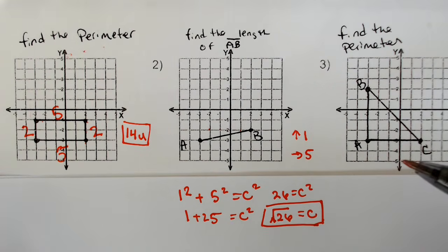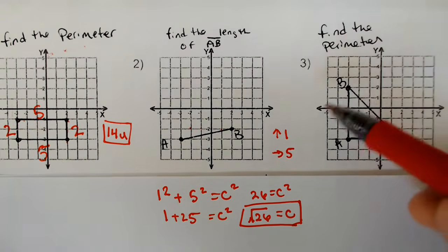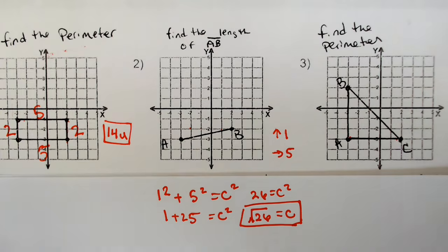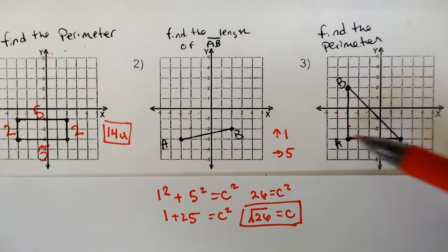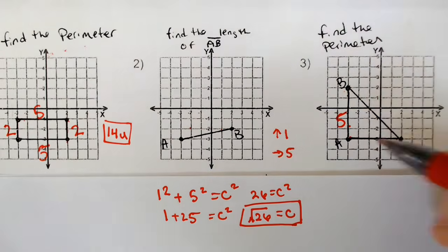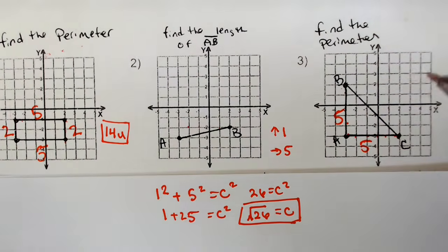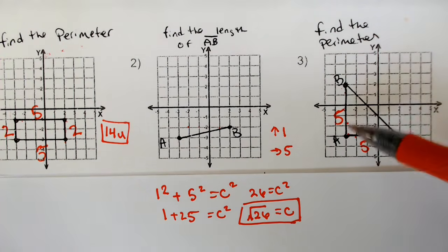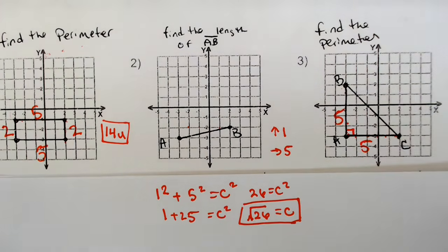Okay, so we're going to have problems that will require you to do that and find the perimeter of the other parts of it too. So that's going to be happening on number 3. If we look at this one, we can find the length of AB and AC pretty easy. It went down by 1, 2, 3, 4, 5, and it went over by 1, 2, 3, 4, 5. The dilemma is that we don't know what BC is. Well, luckily, we just found the slope of this right triangle, and we got lucky that it was a right triangle, too.